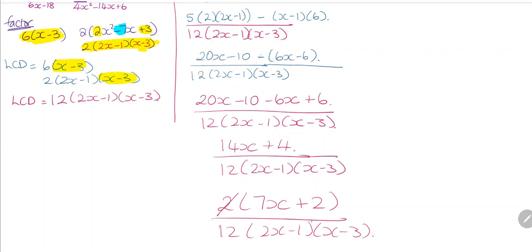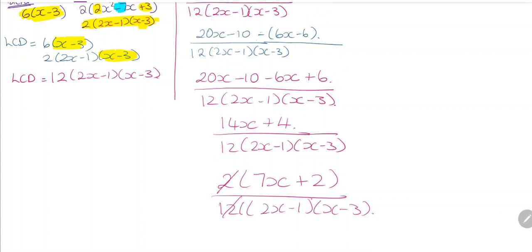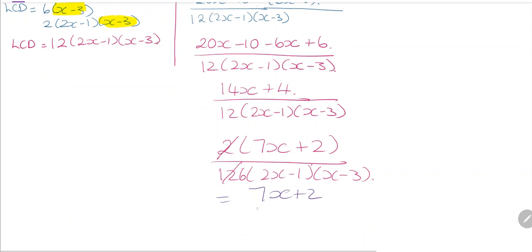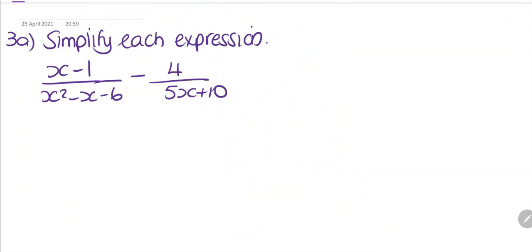So we can cancel, and this will leave us with 6. So 7x minus 2 over 6, 2x minus 1 and x minus 3.